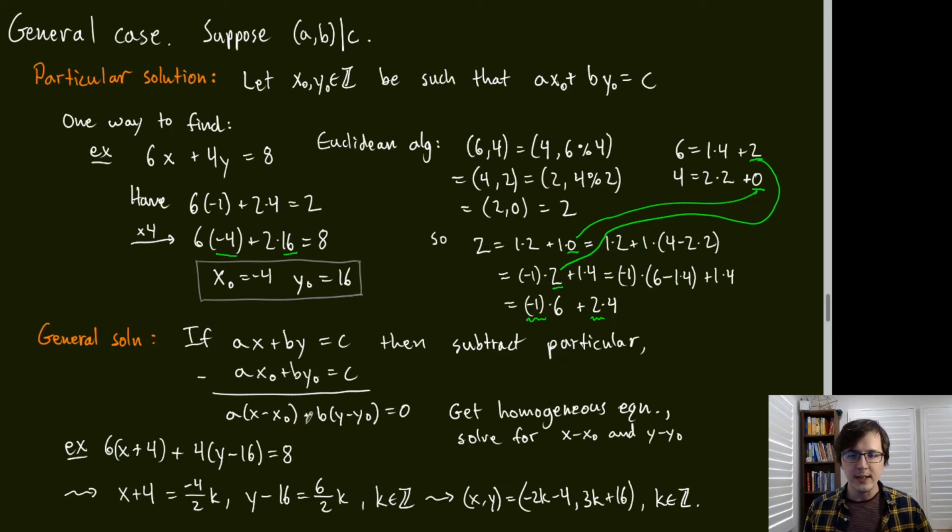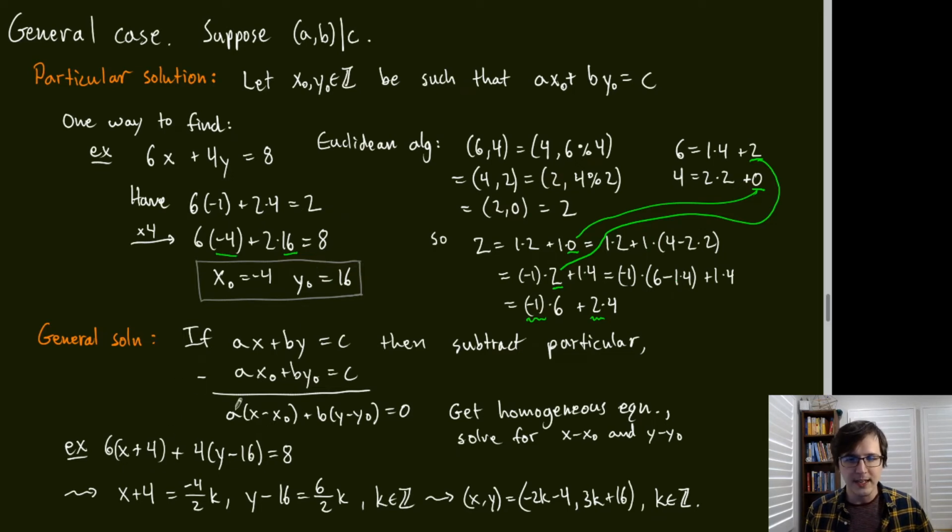So we know how to solve homogeneous equations. So like using our example, let's say that we had a solution, 6x plus 4y equals 8, and then we subtract off this particular solution that we found.